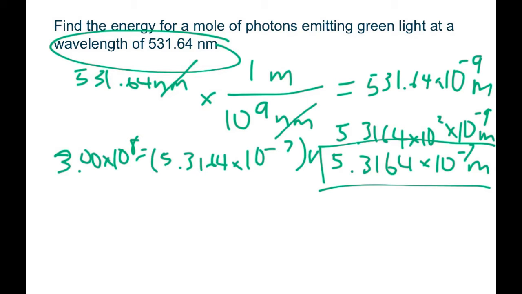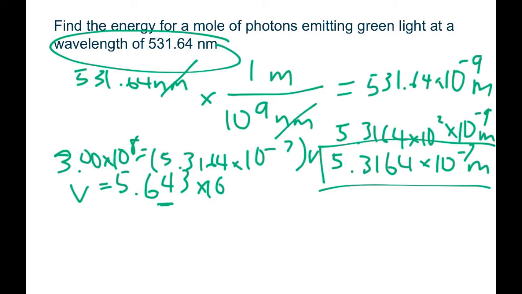Now, doing the math, 3.00 times 10 to the 8 divided by 5.3164 times 10 to the negative 7. Make sure you put parentheses around this in your calculator, and you get that the frequency is equal to 5.643 times 10 to the 14th with 3 sig figs as shown there.